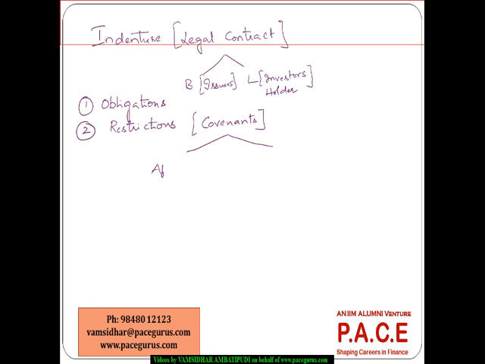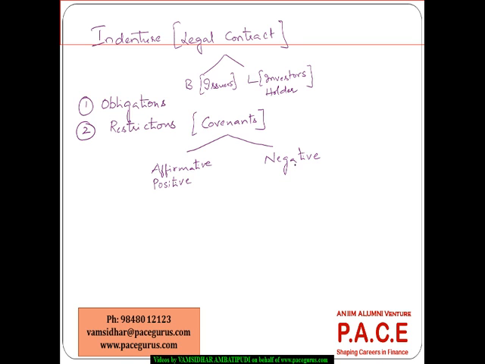Some of those covenants are affirmative or positive covenants, which means the do's. What does the issuing company need to do as long as this bond is active? And there are a few negative covenants as well.